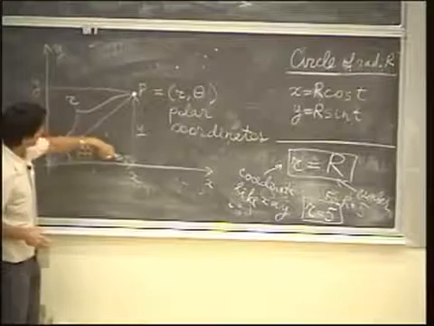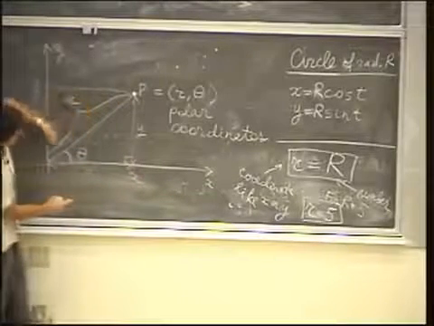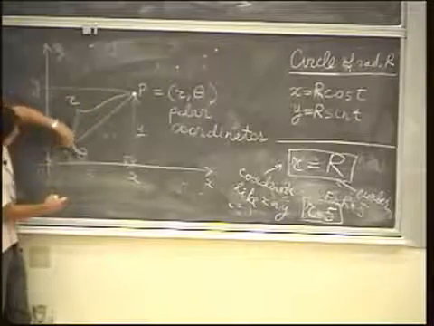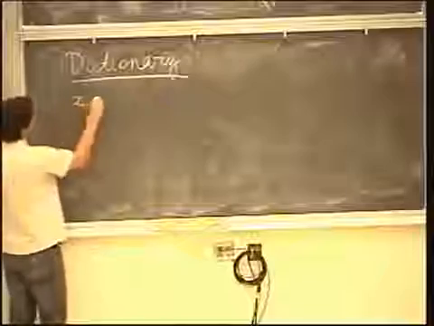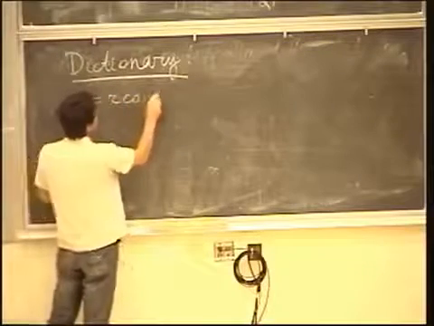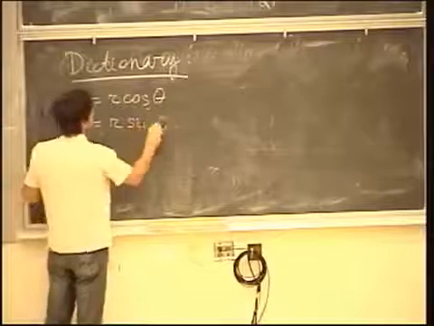So for such a triangle, we can find the lengths of the sides by taking the length of the long side and multiplying by cosine and sine of theta. So therefore, we get these formulas. x is r cosine theta, and y is r sine theta. Right?